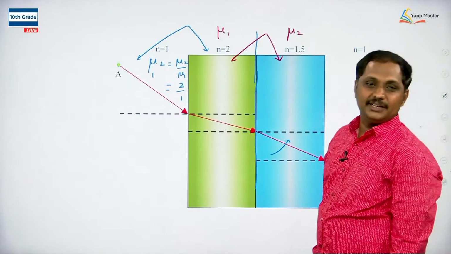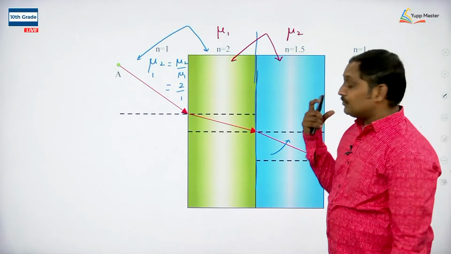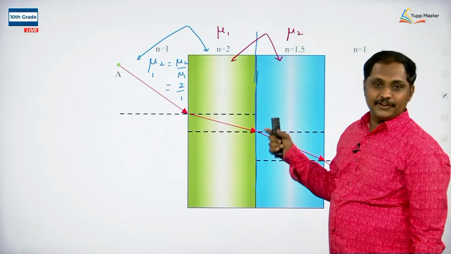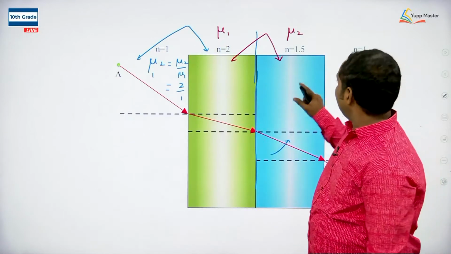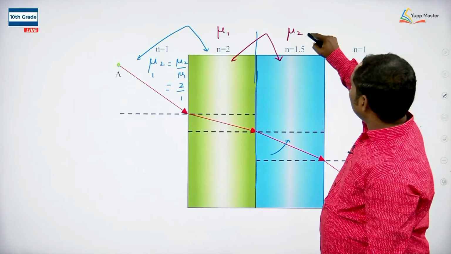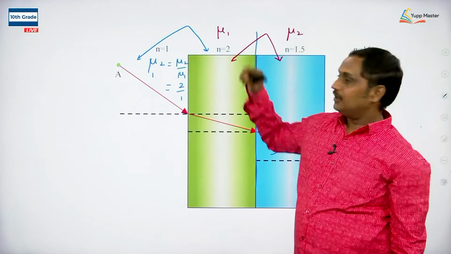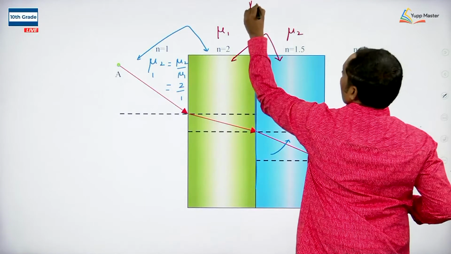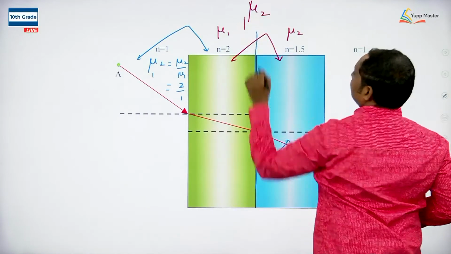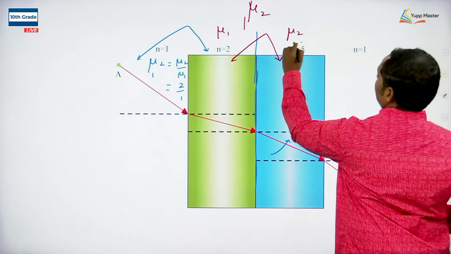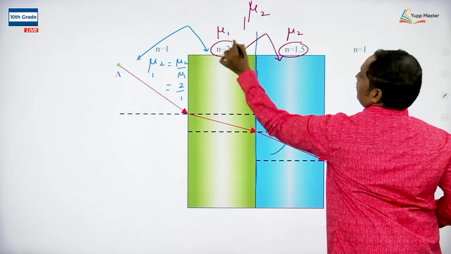Easily you will find out that the refractive index of the second medium with respect to the first medium, that is mu 2 by mu 1, gives the mu of 2 1. So easily you will calculate that.